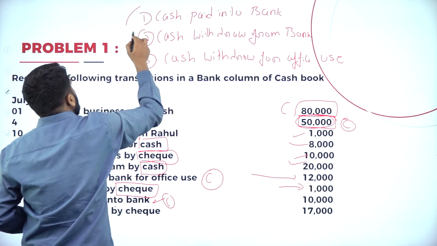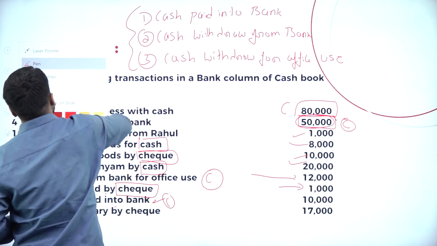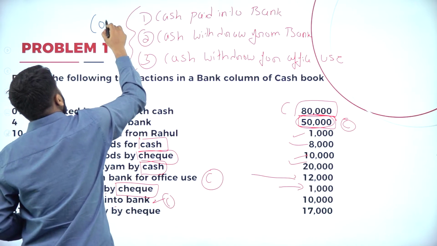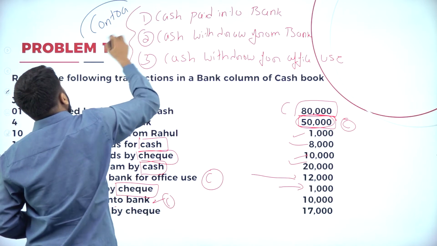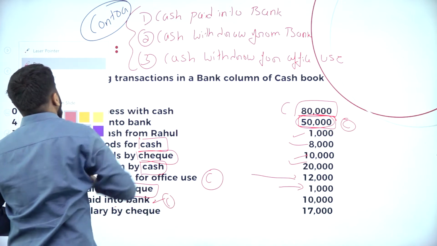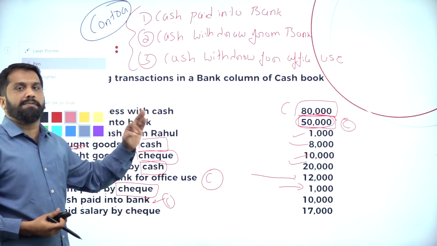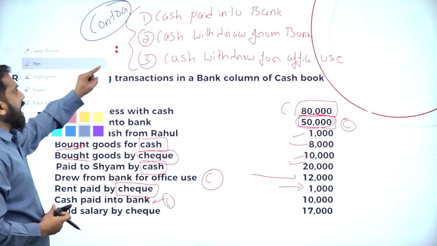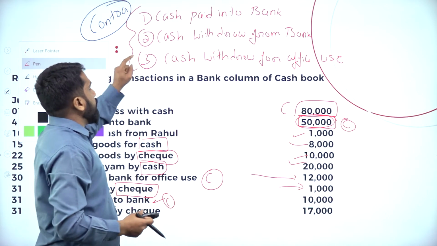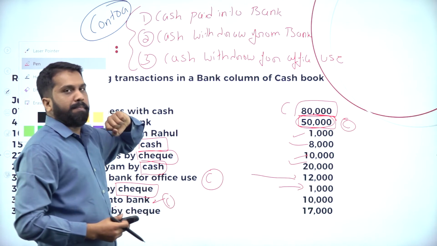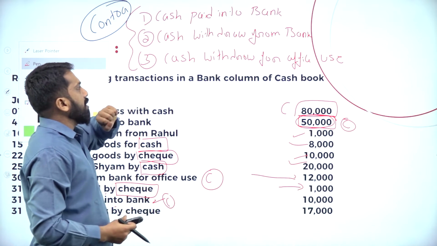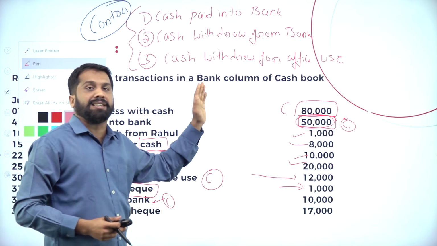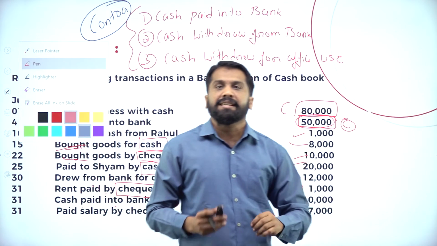So, these are called contra. In your question, if you find words like cash paid into bank, cash withdraw from bank, cash withdraw for office use, we call it contra.